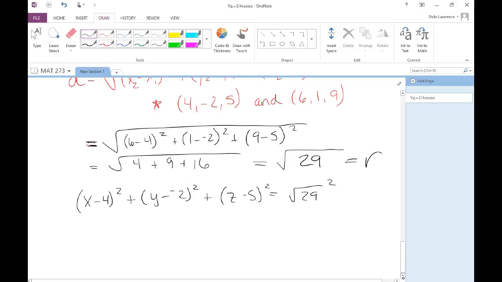So there's two things that we can do to fix it. We don't want to FOIL any of it out. Don't do that. Y plus 2, yep. Minus a negative is a plus. And what was the other one? Right, just a regular 29. Square and square root cancel.